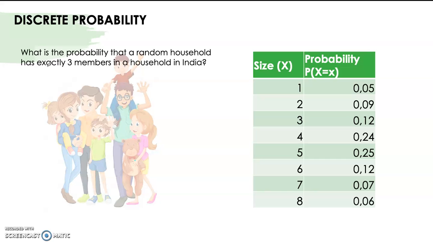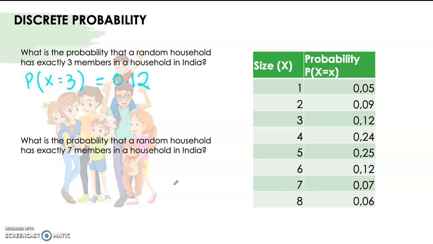What is the probability that a random household has exactly 3 members? If we symbolize it, it would be the probability that x equals 3. Just by looking at the table, the answer is 0.12. So there's a 12% probability that a household in India has 3 members.